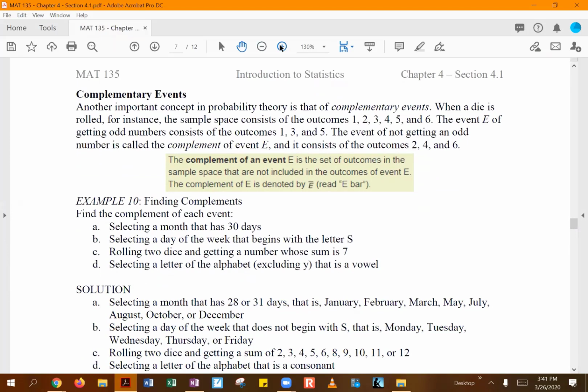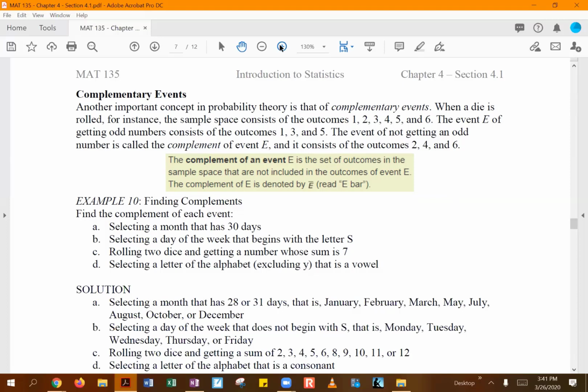Now when we're talking about complementary events, basically, if you look at this example here, we're saying when a die is rolled, the sample space consists of 1, 2, 3, 4, 5, and 6, right? So if event E is where you get odd numbers, that means your event E would include the outcomes of 1, 3, and 5, right?